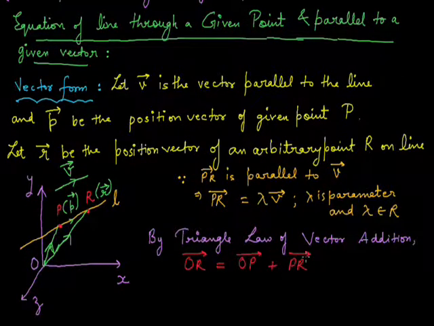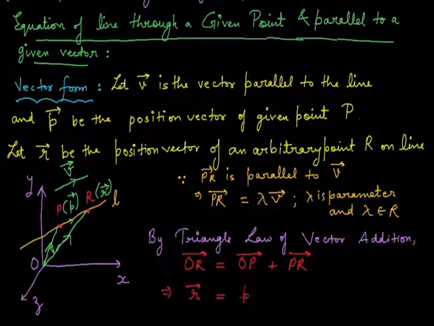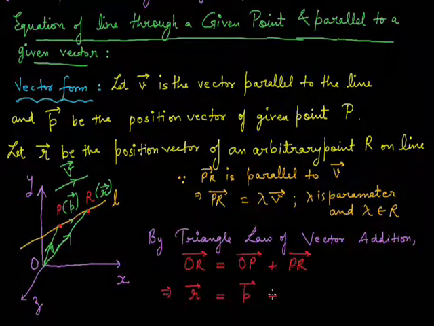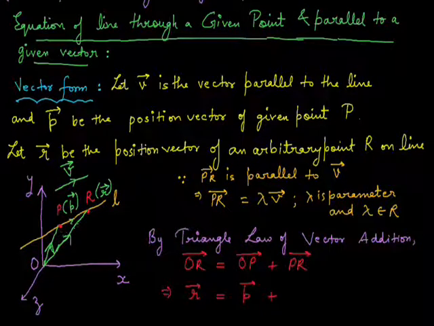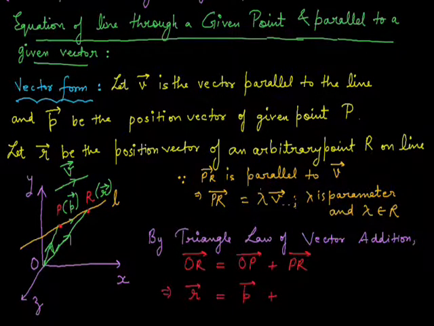So from the triangle law of vector addition, OR vector will be equal to OP vector plus PR vector. Here, the position vector OR vector is denoted by R vector. The position vector of point P, that is OP vector, is P vector, plus PR vector written over here, which is equal to lambda times V vector.